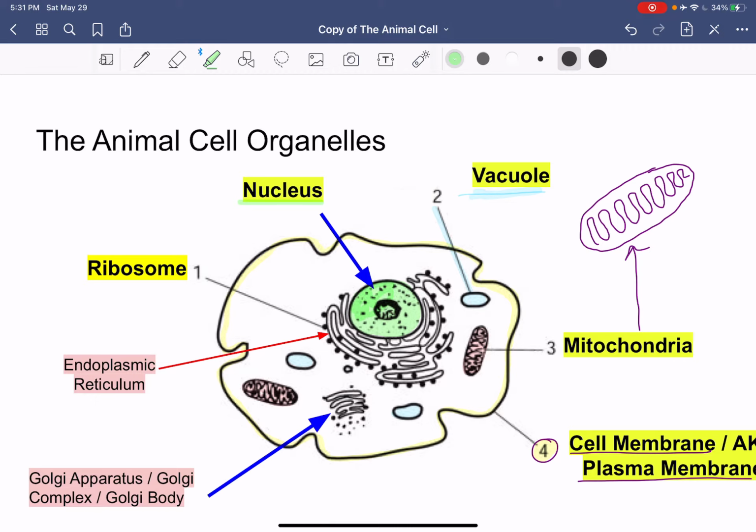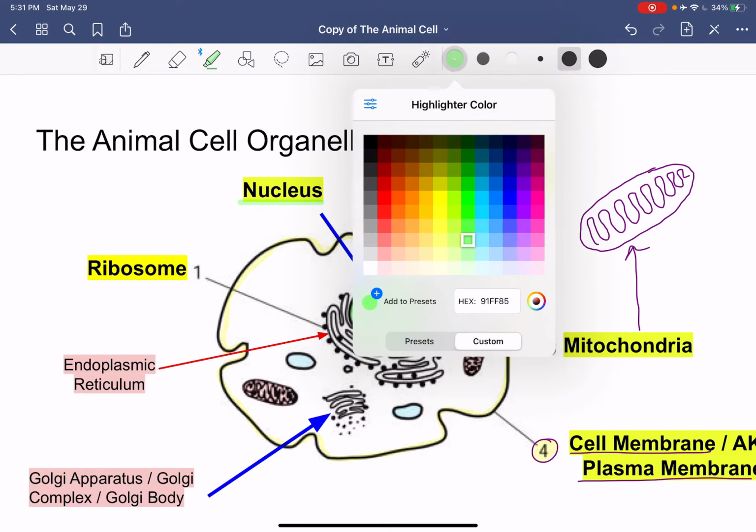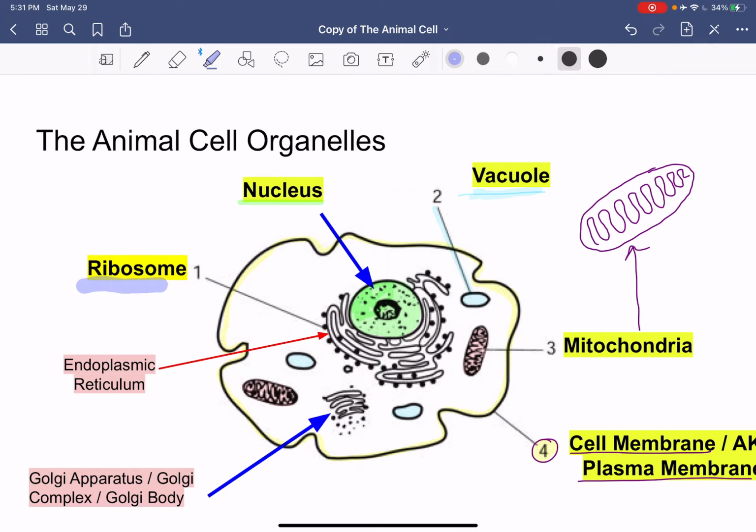Okay, next, let's do the ribosome. The ribosomes are all these dots that are on what's called the endoplasmic reticulum. You see all these dots here on the endoplasmic reticulum? All these dots that you see here are called the ribosomes.